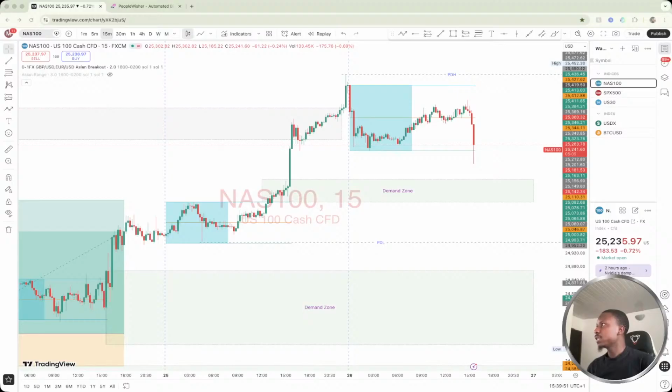The first 15-minute candle is about to close in about 6 more minutes, and in that moment we would be able to tell if Nasdaq wants to follow a buying momentum, or if Nasdaq just starts selling from there or not.